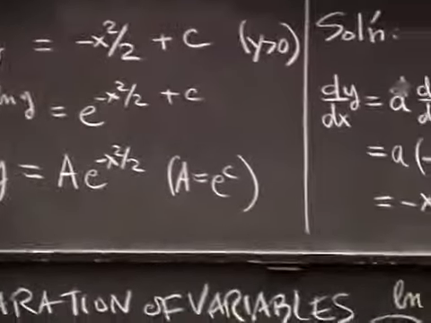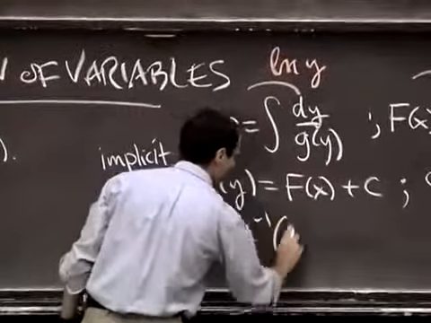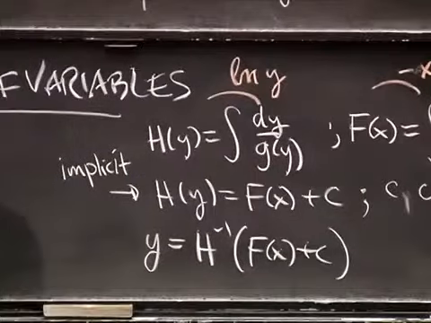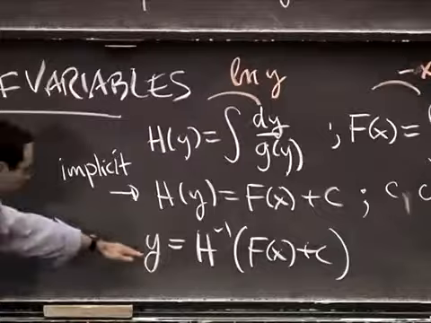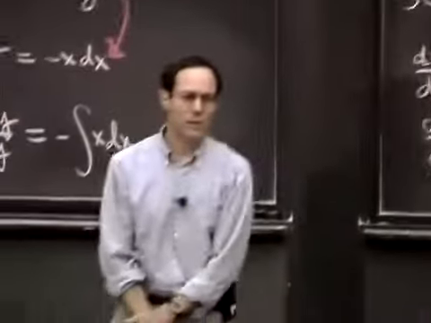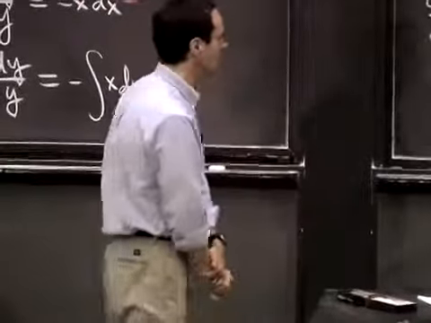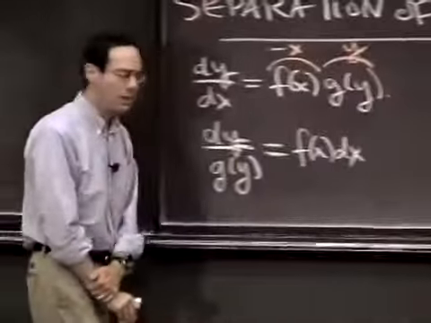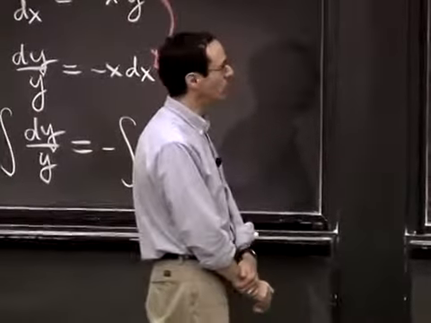So I write it as y is equal to h inverse of f of x plus c. Now, in real life, the calculus part is often pretty easy, and it can be quite messy to do the inverse operation. So sometimes we just leave it alone in the implicit form. But it's also satisfying sometimes to write it in the final form here.